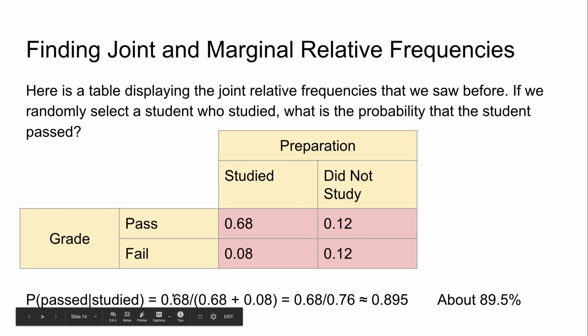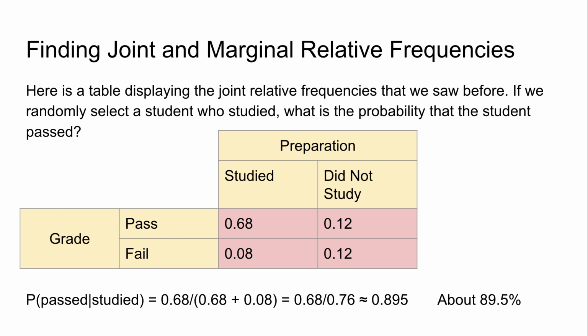So we're doing the number that passed and studied, divided by the total number that studied. These two add up to 0.76, and then this comes out to about 0.895, so that's about 89.5%. So if we randomly pick a student who studied, there's an 89.5% chance that they passed.